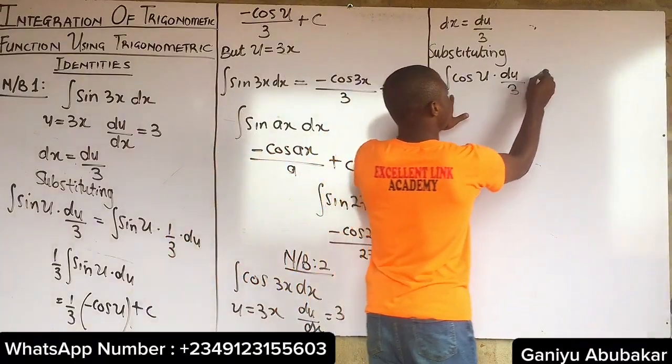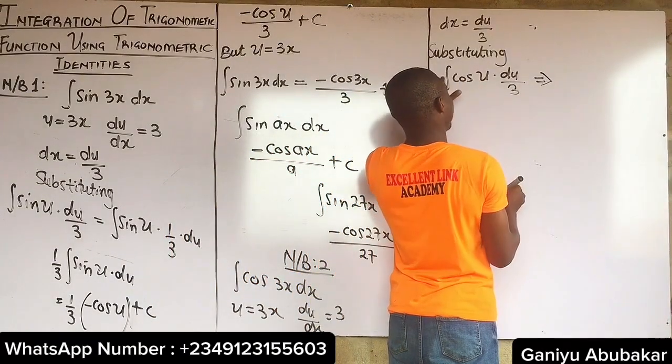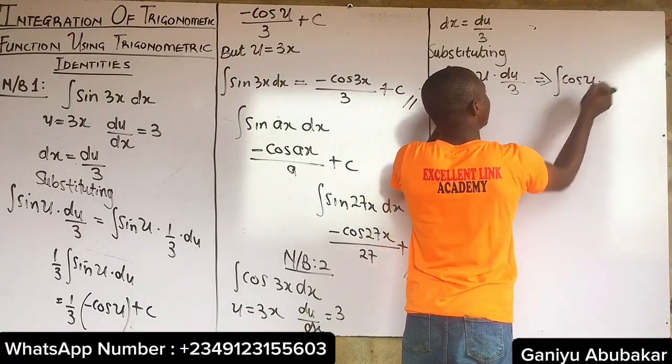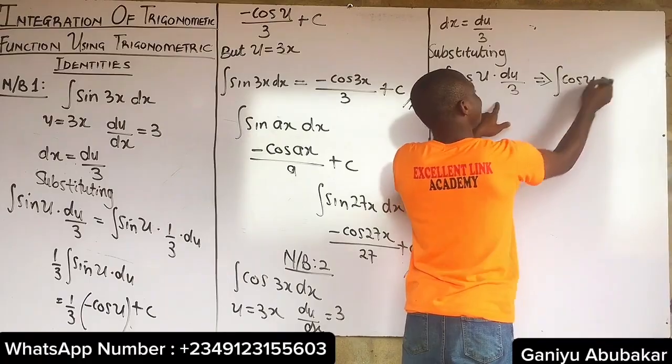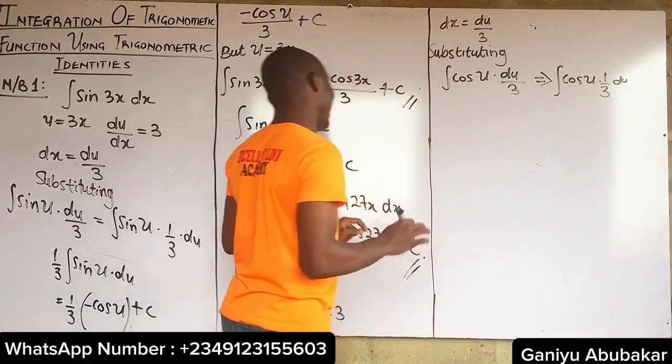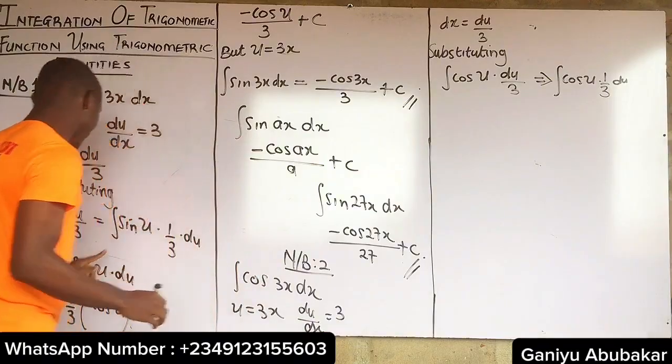At this point, your next task is quite simple. I have the integral of cos u, and dx can be expressed as 1 over 3 du, as explained earlier.